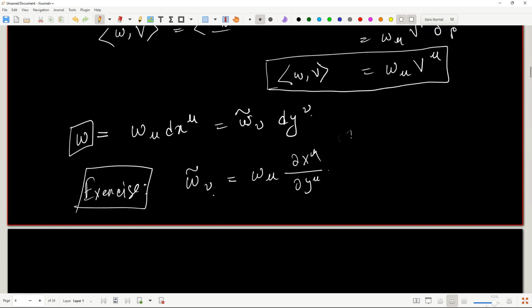Again, a hint is something like this. Since you are doing it for a single point, you can have two charts such that the point itself belongs to the overlapping region. Then it's just a matter of mapping them to Rn and using the identity map as the coordinate map. With this, you can show this very easily and rigorously.